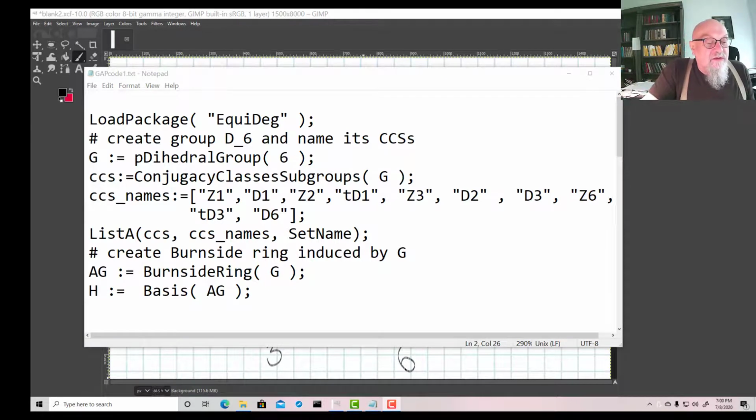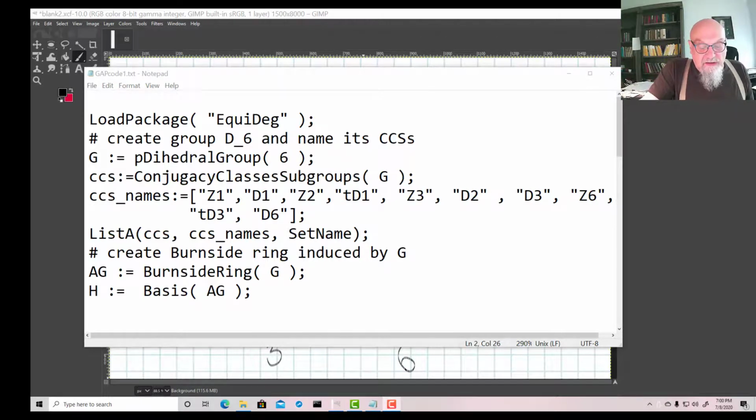We call this matrix the CCS matrix. That means we're just creating the matrix of conjugacy classes of subgroups, and now we would like to give them names.